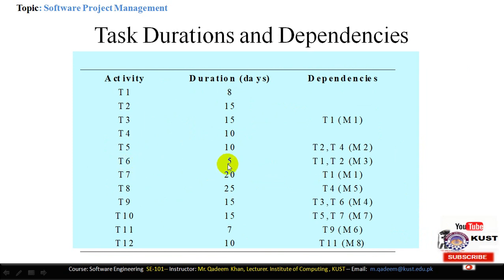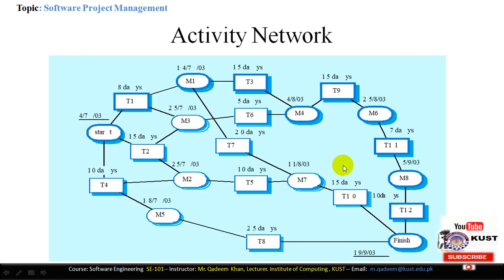Task 6 requires 5 days, and it depends on T1 and T2. So the maximum is 15 days for T1 and T2 for this milestone. So it is the same, 25, because M3 is achieved when T1 and T2 are completed, and M2 is completed when T4 and T5 are completed.